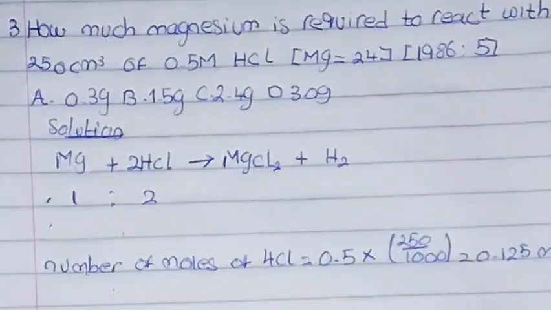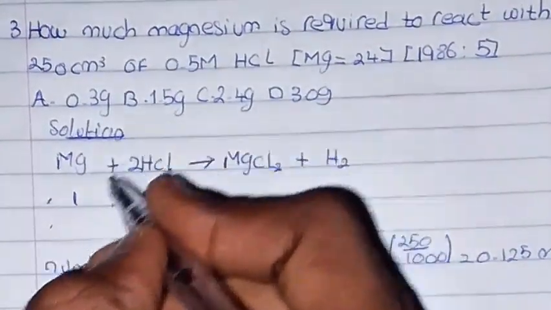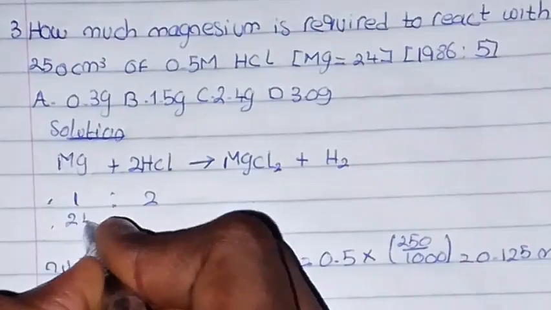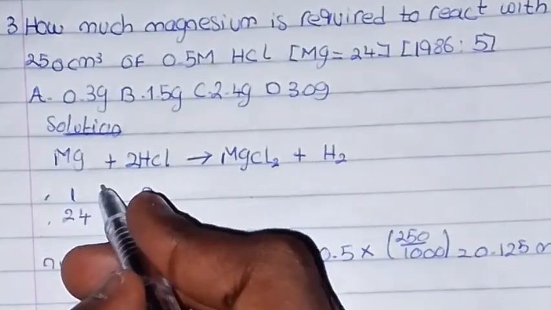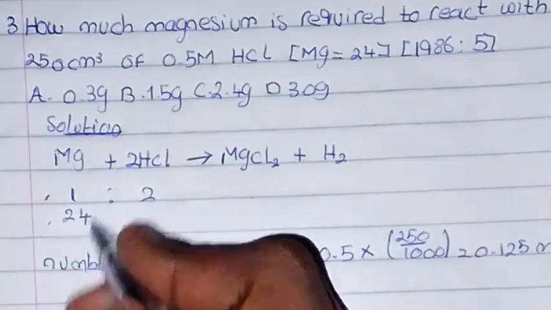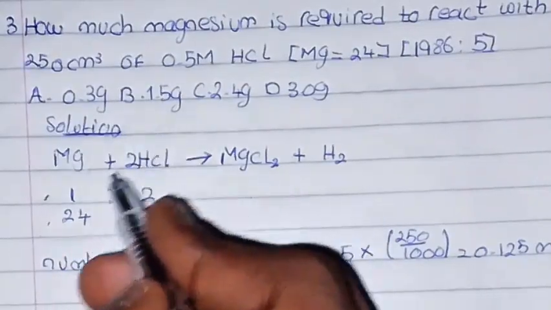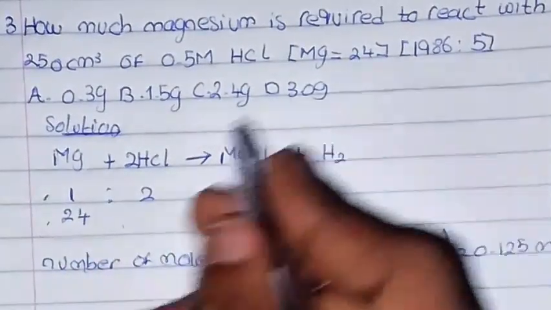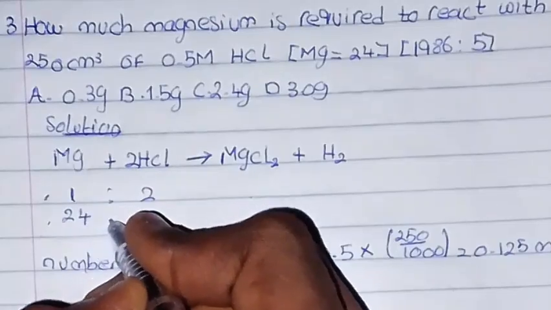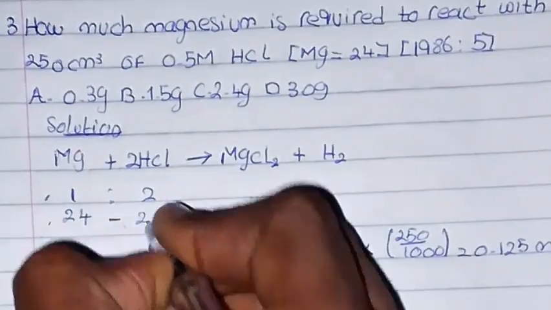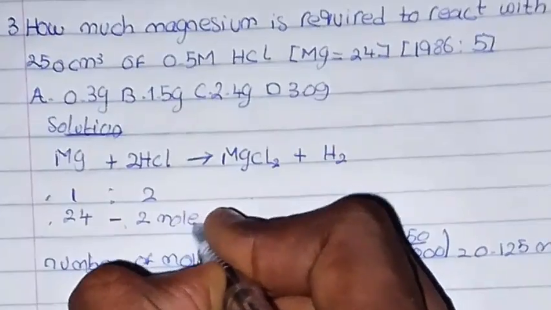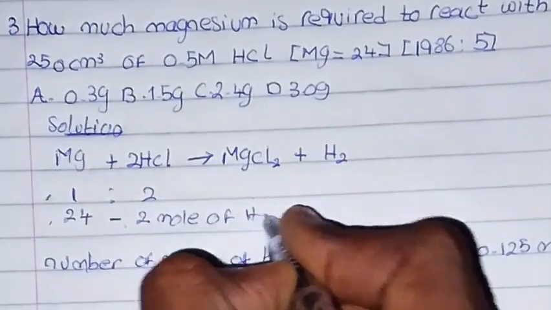Now, based on this balanced equation, we're going to relate, if 24 gram, because this is 1 mole, remember that mole is equal to mass over molar mass as well. And we have 1 mole, molar mass is 24. So if 24 grams requires 2 mole of HCl, that's for the balanced equation.